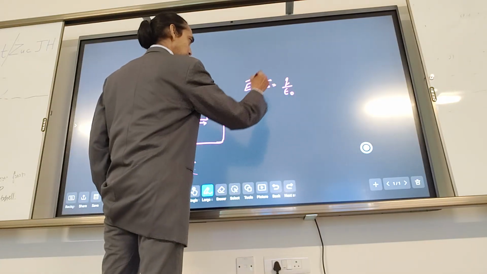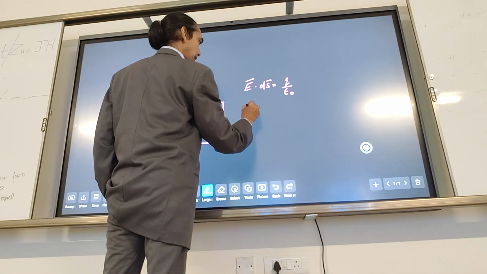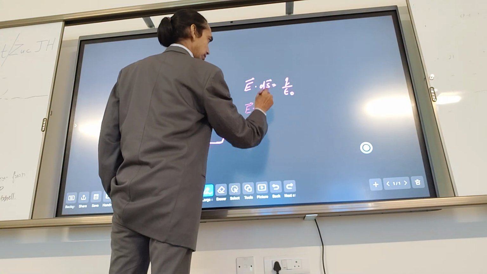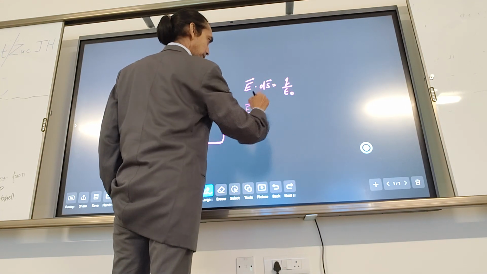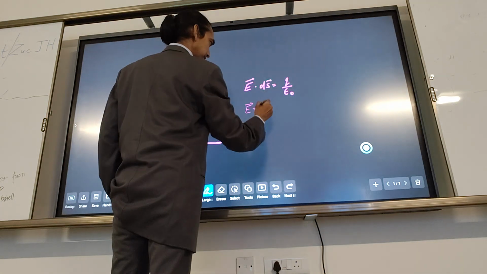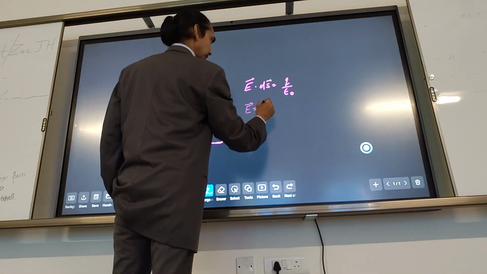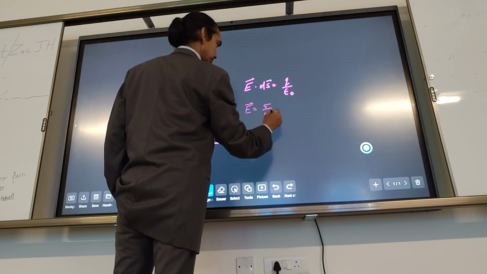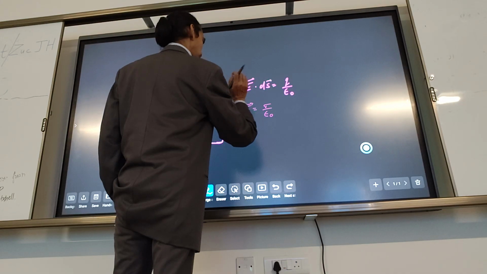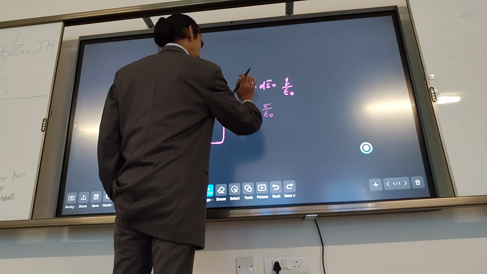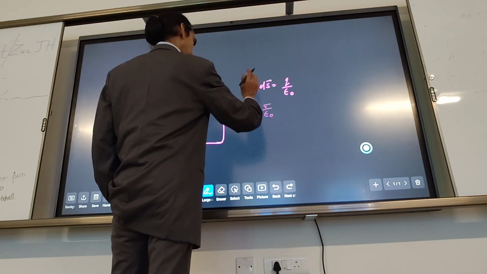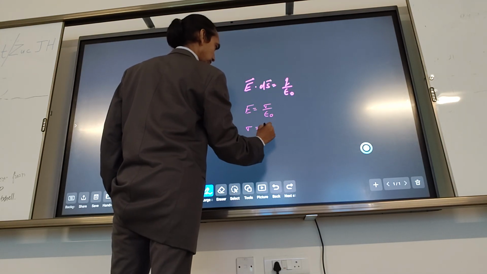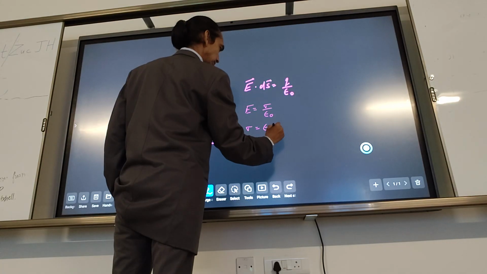See over here, E can be marked as charge per unit area. If we mark E and dS in the same direction, then E can be marked as sigma by epsilon naught. Or if you want to take only the magnitude, E in the same direction, we can remove the vector bar. We then see that sigma is equal to epsilon naught E.